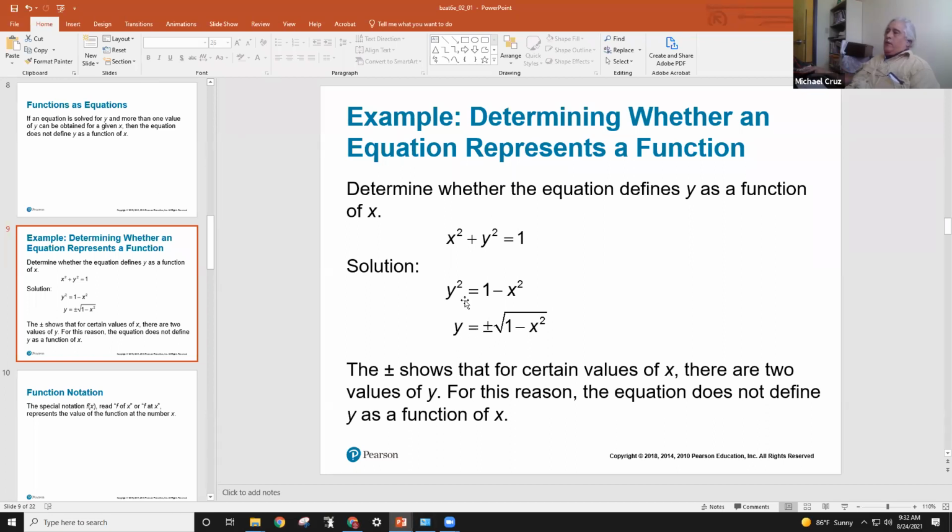If we solve this, which is actually a circle, for y, then to make it a function we would replace y with f of x, but it won't work here because you've got a plus or minus, which by default gives us two different values for each x.